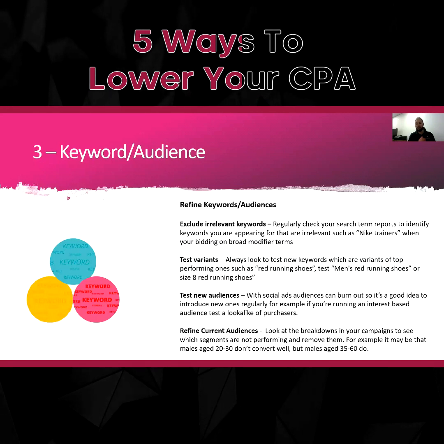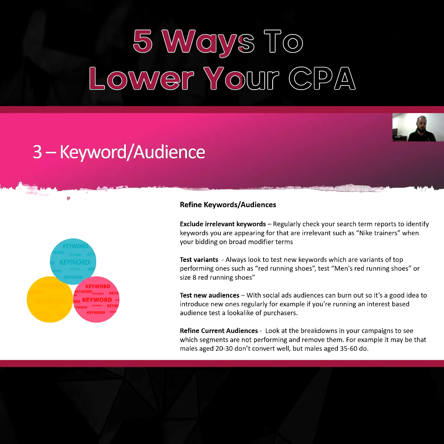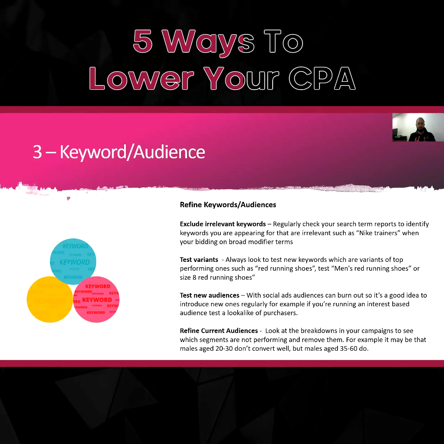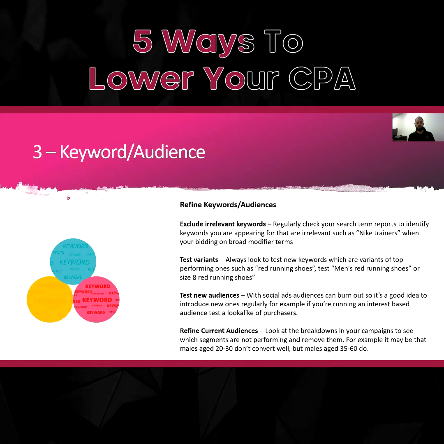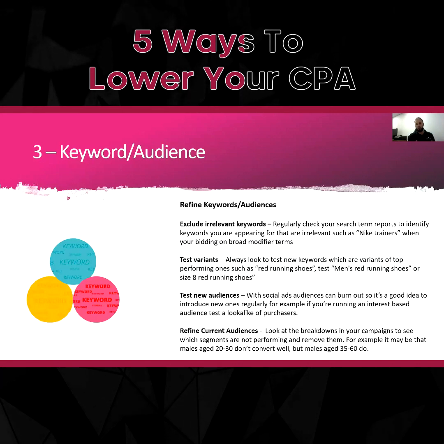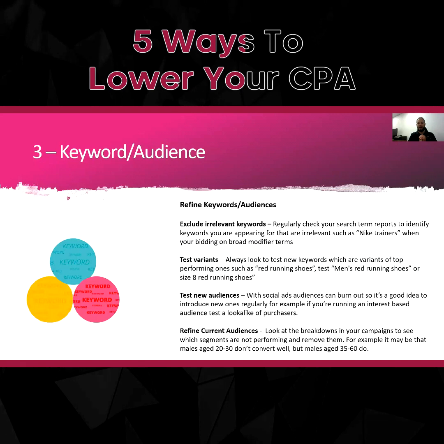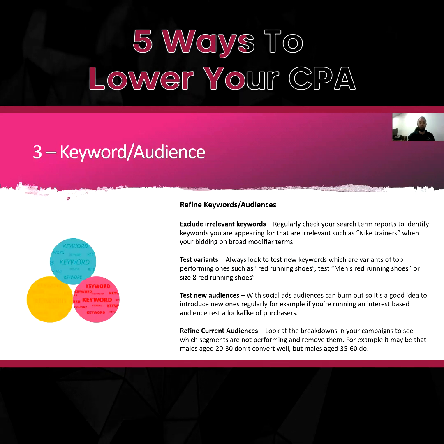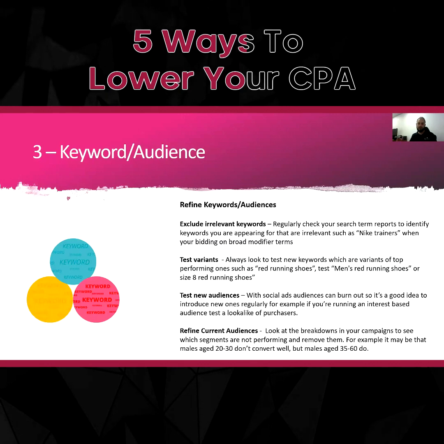So what we need to do is test new audiences, and there are loads of different ways to do that. You can try different audiences within Facebook's saved audiences platform, so interests, demographics, or you can create lookalike audiences. As an example, you might have had 1,000 people convert or purchase from you over the past year.